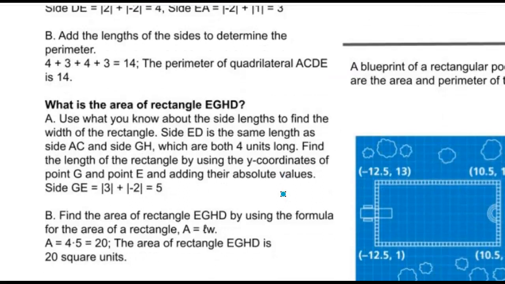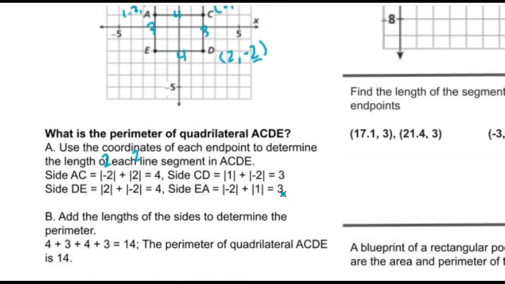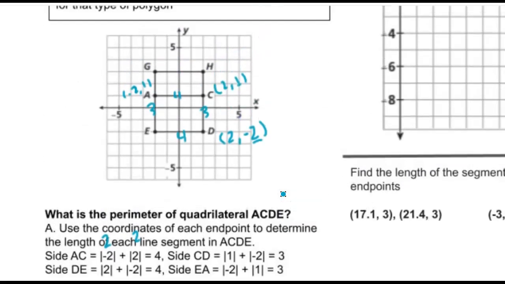Now, we're going to look at the top one. We have EGHD. So actually at the top one, the very big one, all the way across here. Now, I already know that ED is 4. So I know that GH is 4.